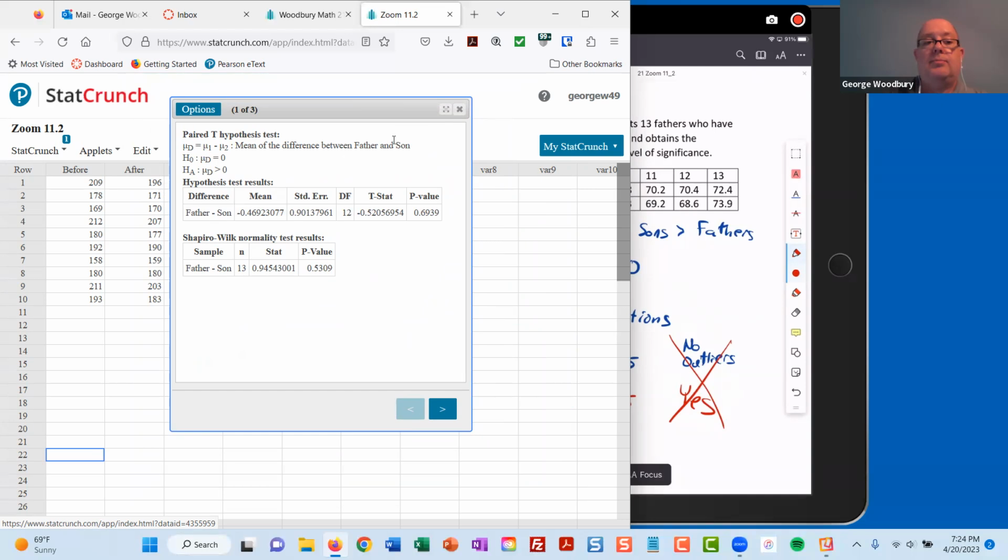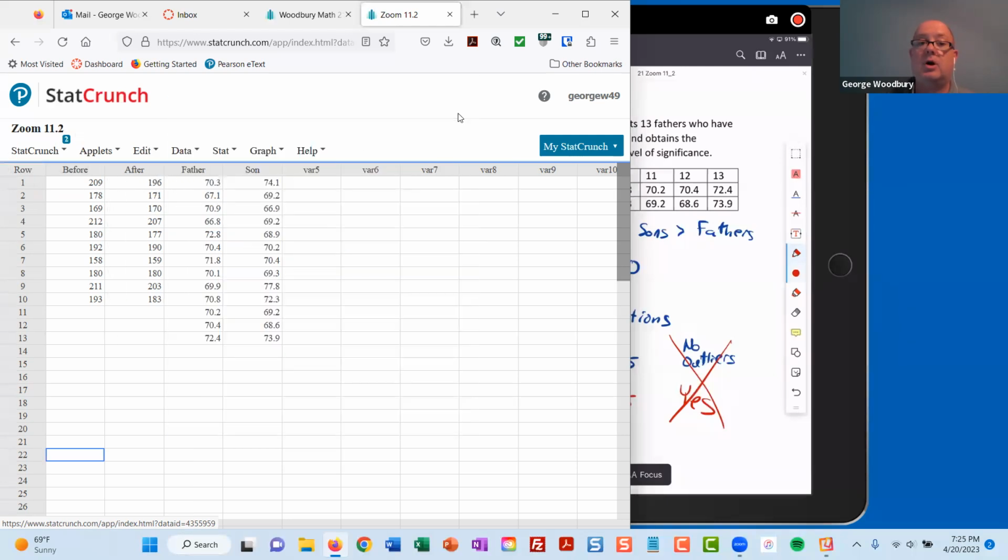Notice I've got father listed here first, but in the claim, it says sons are taller or greater than their fathers. And so sons either needs to be first, or you can't use the greater than sign. One or the other has to go. And so if you get a big p-value here, that's really your last chance to recognize that.